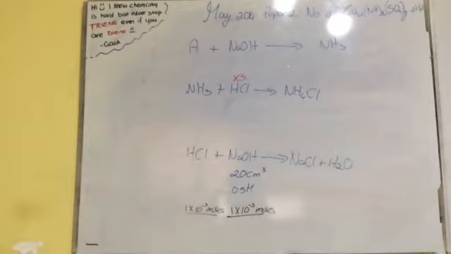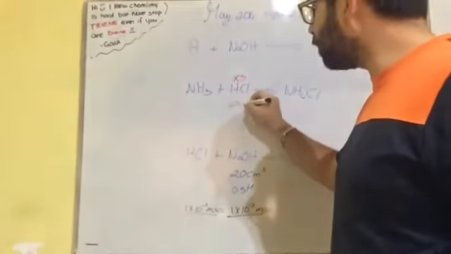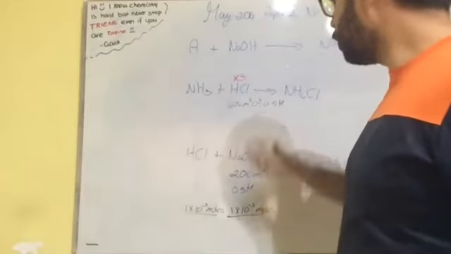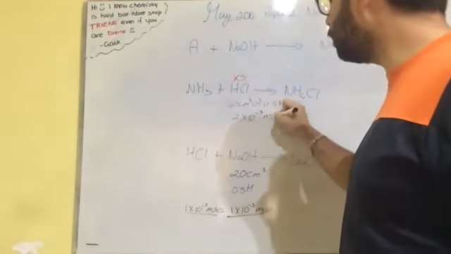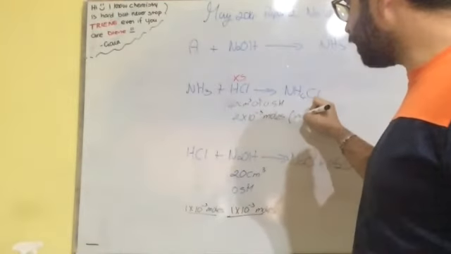So initially the HCl was 40 centimeters cubed of 0.5 molar, which is equal to 2 times 10 to the minus 3 moles, and therefore that was in excess.